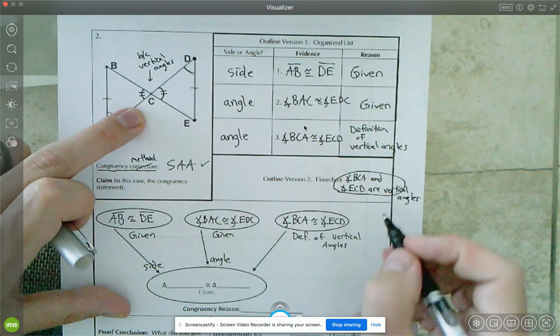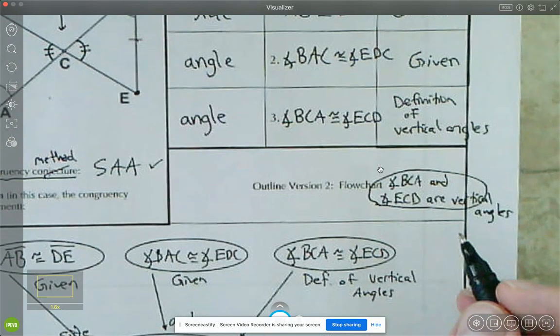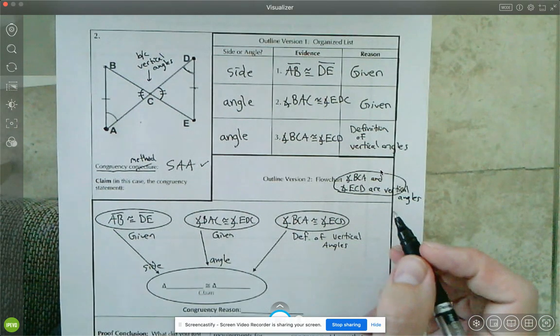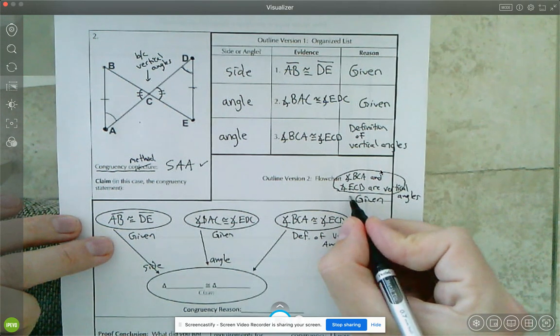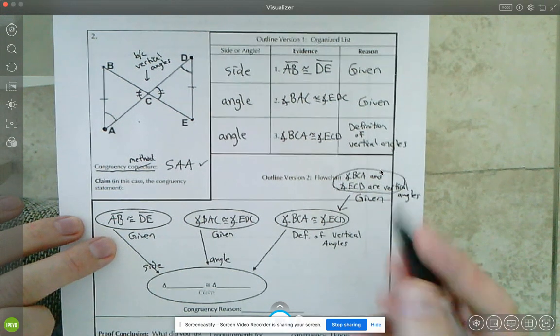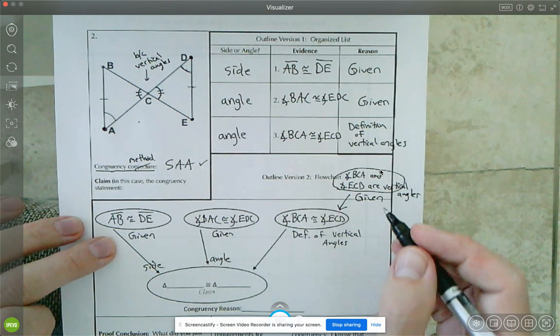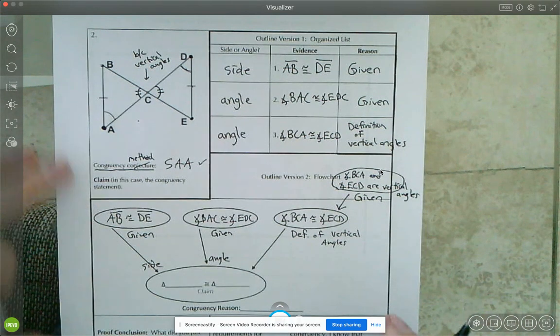That is what was given, is that these guys are vertical angles right here. So this is what was given in our diagram. And from this, we could say, okay, if they are vertical angles, then they are congruent. That right there is something that I would ask a teammate about. I would ask my teacher about if I didn't understand, okay?